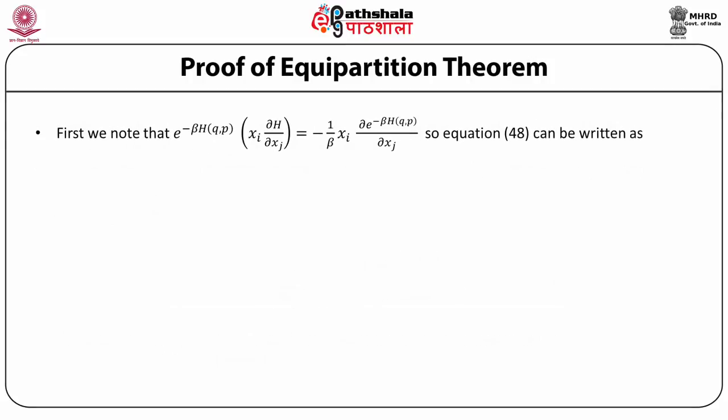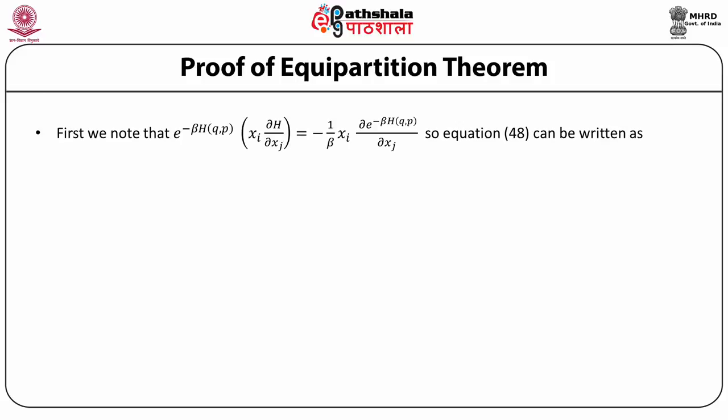First, we know that e raised to the power minus beta H(q,p) multiplied by x_i delta H upon delta x_j is equal to minus 1 upon beta x_i partial derivative of e raised to the power minus beta H(q,p) with respect to x_j.